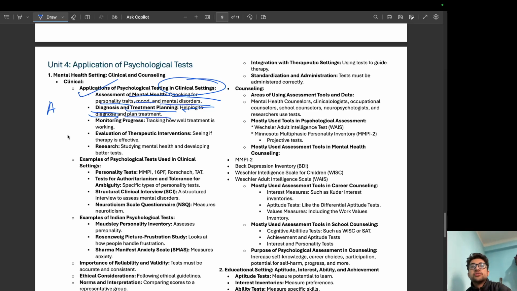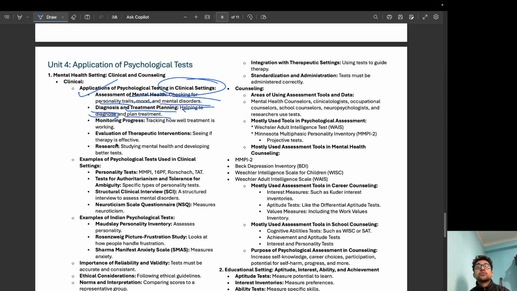We are also going to do diagnosis. Do you have depression, do you have anxiety? We'll give questionnaires and they'll fill them up, and then we can know what type of mental illness they have, and how severe it is. Is it moderate? Is it severe? Based on that, we'll also plan treatment, how we are going to approach it.